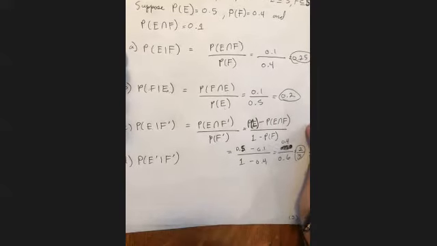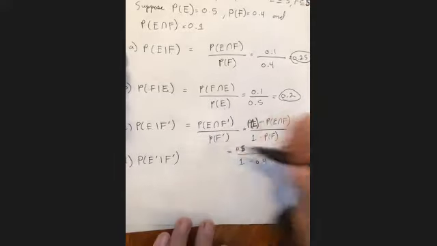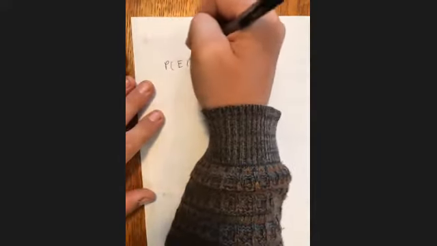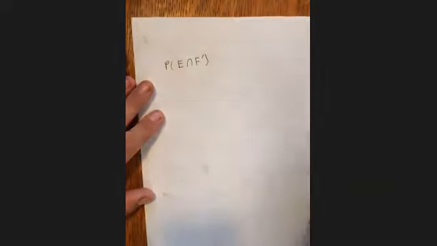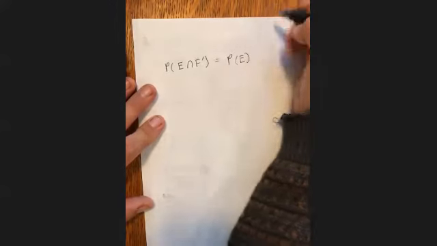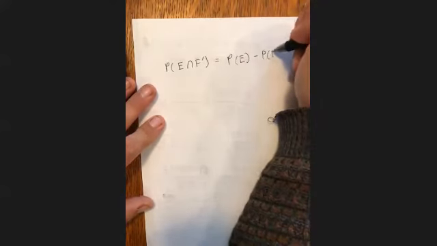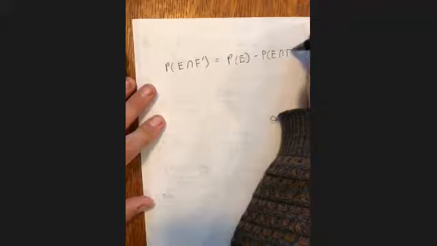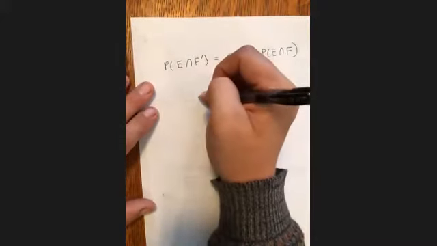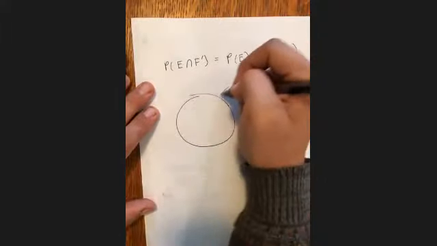Okay, so let me explain what's going on here before I move on. So we're being asked for the probability of E intersect F complement. And I said that that was equivalent to the probability of E minus the probability of E intersect F. So how does that make sense? Let's see if it does make sense.